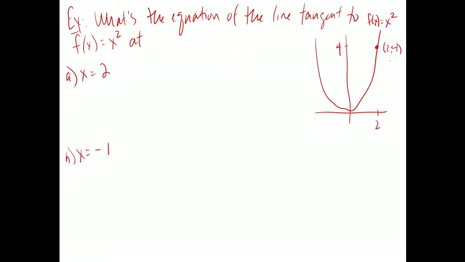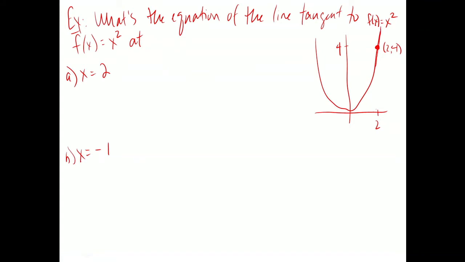We know that. Okay, so we already know the point, and so all I really need to know is what's the slope. I'm imagining my tangent line is going to look something like that. It's not a very good drawing, but you know what I mean. It touches the graph right there and has the same slope as the graph right there, so it's sort of like that.